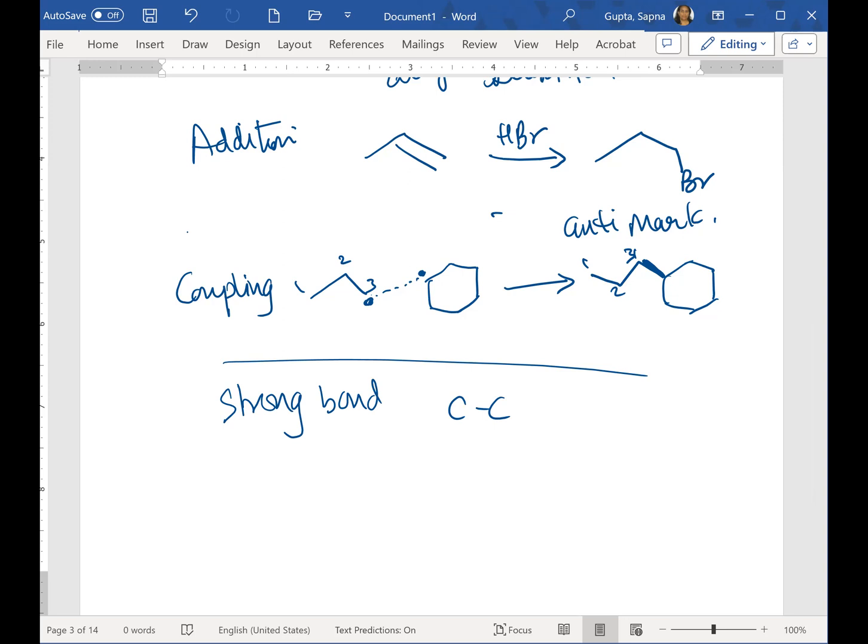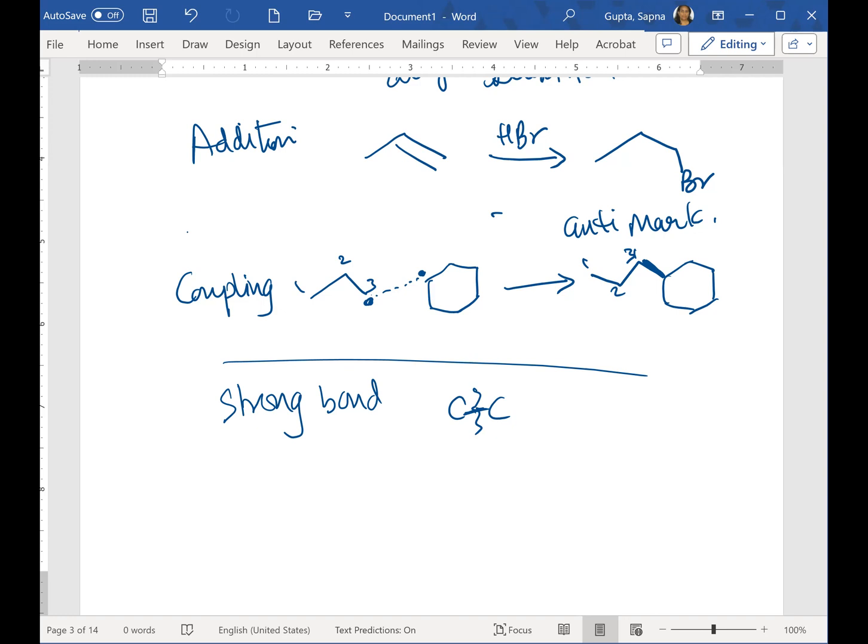So the pi bond is easy to break. But a carbon-carbon single bond, which is a sigma bond, is hard to break, because what we are talking about is actually a bond cleavage. So when you form a radical, you have to break this bond. That's what we're talking about here. We're not just talking about breaking a pi bond, we're talking about breaking a sigma bond.